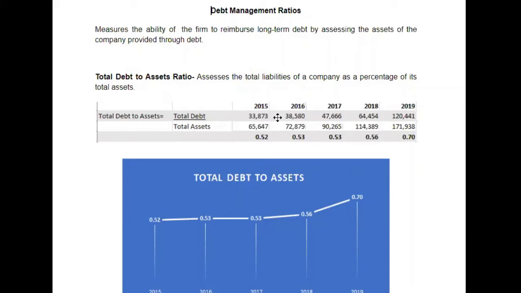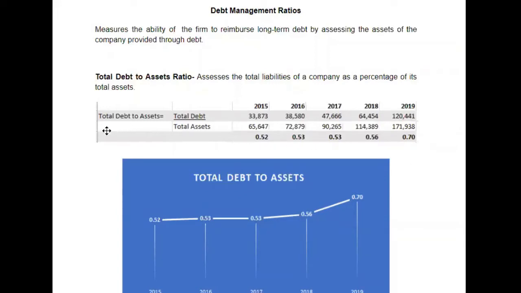So total debt in 2015, they have 33,873. In 2016, they have 38,580, 47,666 in 2017, 64,454 in 2018, 120,441 in 2019. Their total assets is 65,647 in 2015, 72,879 in 2016, 90,265 in 2017, 114,389 in 2018, and 171,938 in 2019.